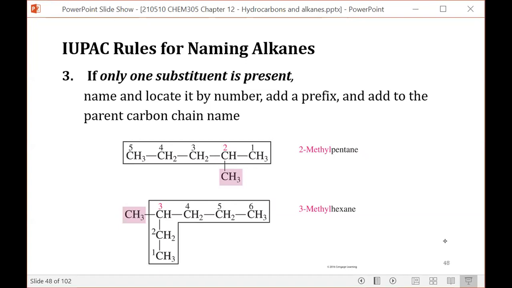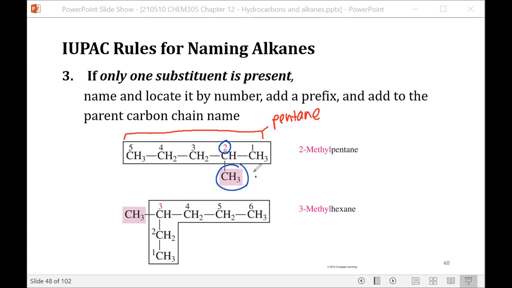After you've identified the parent chain and numbered it, you're ready to start naming the substituents sticking off. If there's only one substituent present, you name and locate it by number, add a prefix, and then add the parent carbon chain name as the very ending of the name. In our first example, our parent chain is pentane, and our substituent group is located at carbon number 2.